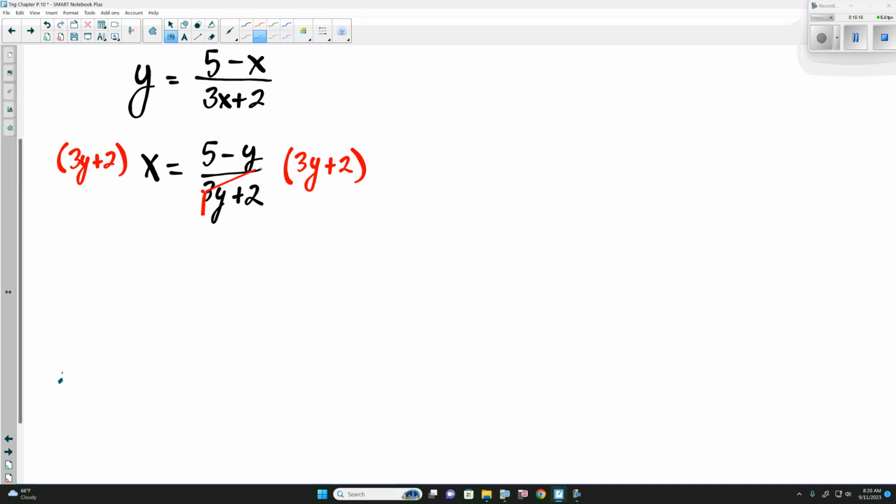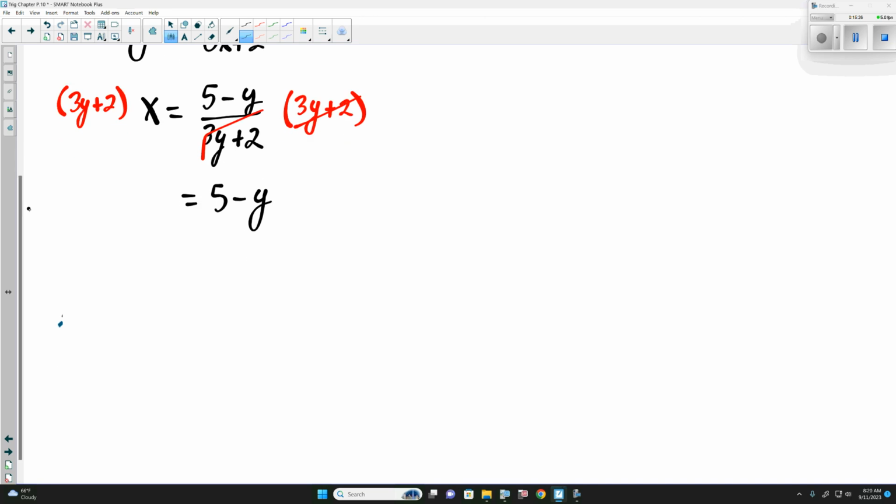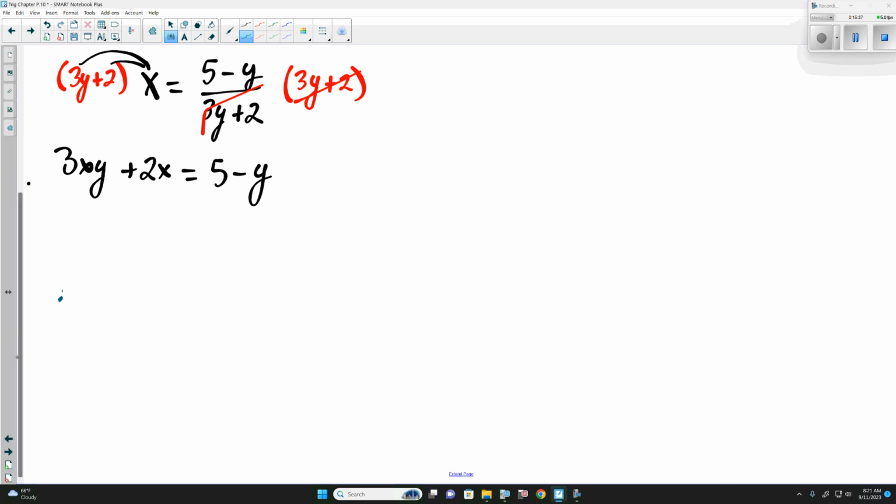Now the right-hand side, the 3y plus 2 and 3y plus 2 will cancel, leaving us with 5 minus y. That's nice. Now the left-hand side, we will need to distribute the x. 3y times x is 3xy. 2 times x is going to be plus 2x.